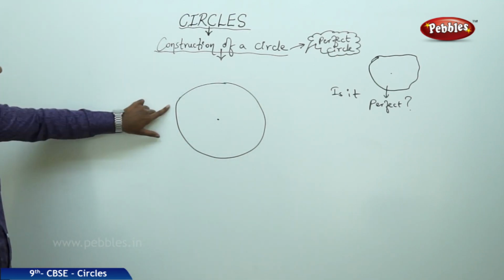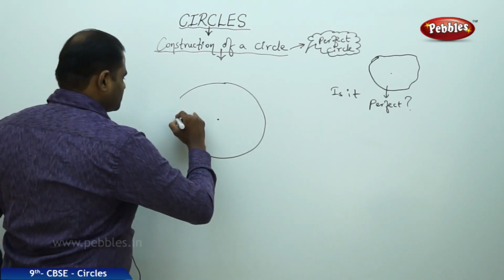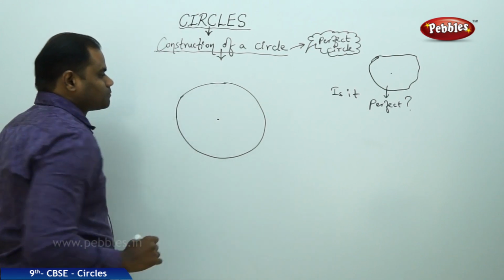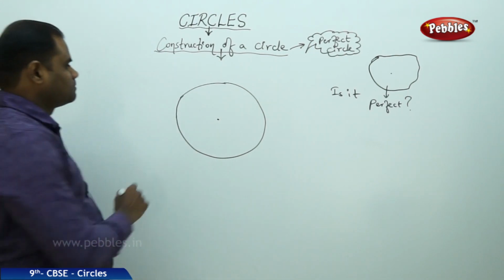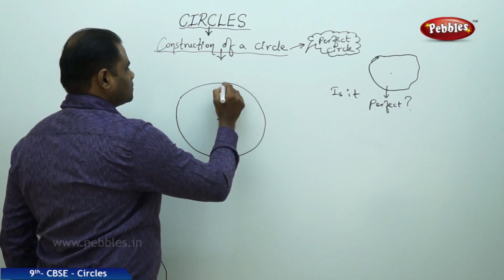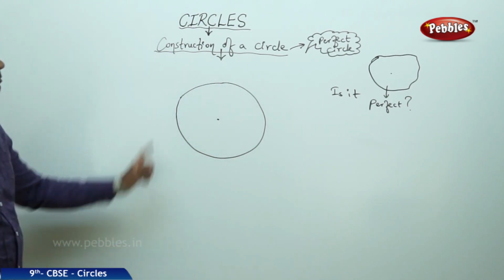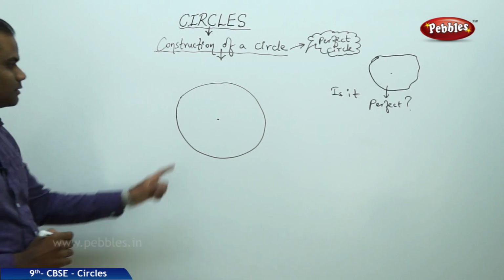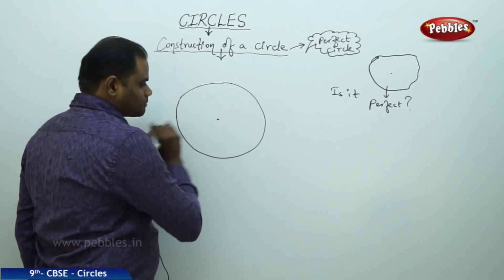So I get a shape which looks like this, with the fixed point of the compass.